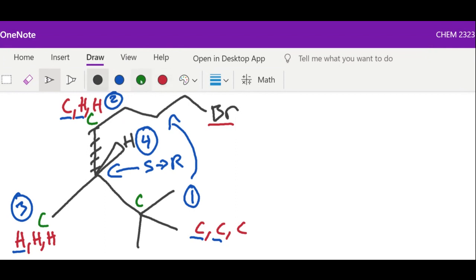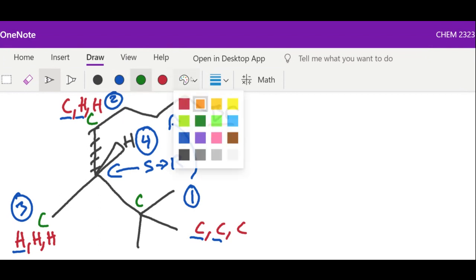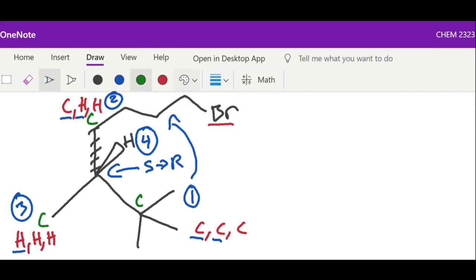But what I was trying to explain here is you don't always look at the biggest group. In this scenario, bromine would be the biggest single atom, but again, we have to look at each individual point of atom to look at priority.